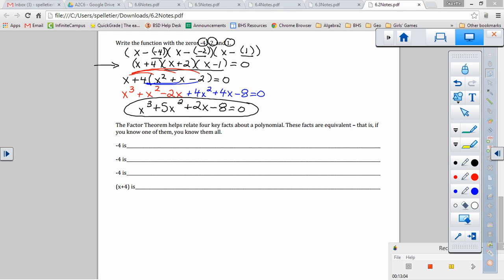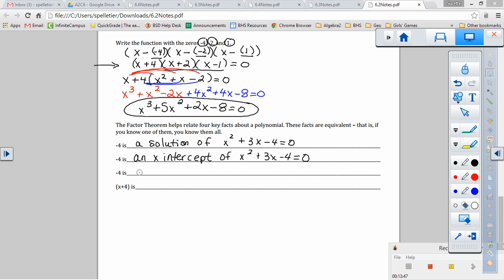Okay? So the factor theorem helps relate 4 key facts about polynomials. These facts are equivalent. That is, if you know one of them, you know them all. So if you know negative 4 is a solution of x squared plus 3x minus 4 equals 0, you can know that negative 4 is an x-intercept of x squared plus 3x minus 4 equals 0.